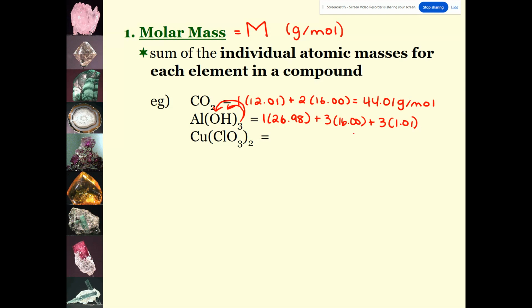Okay, when you have a polyatomic ion, you break it up into the individual elements that make up that ion. So 26.98 plus 3 times 16.00 plus 3 times 1.01 gives us 78.01 grams per mole.